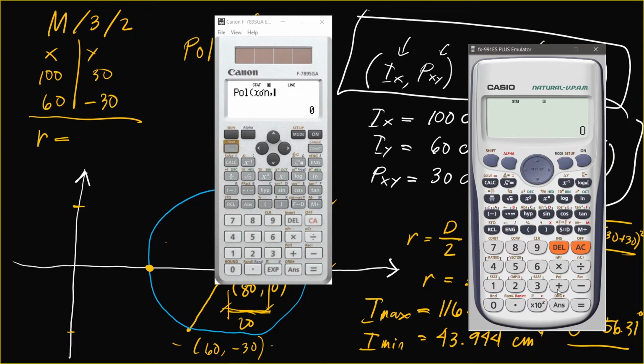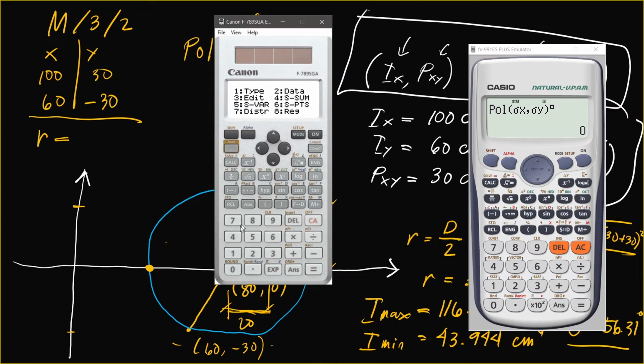Shift, then shift number 1, variance number 4, then number 3, then comma. Then shift 1 again, number 4, then number 6. Here, number 5, number 6, then close parenthesis.